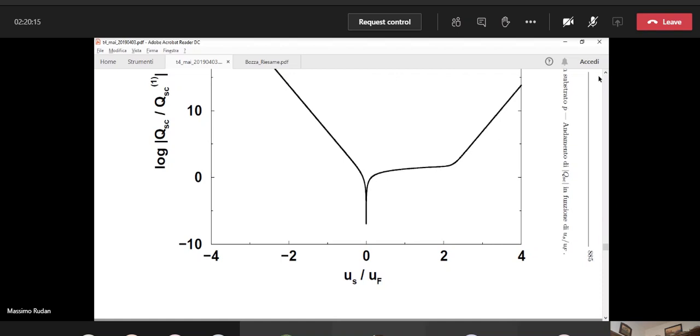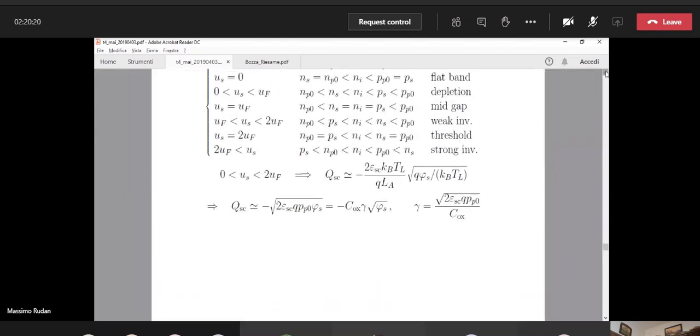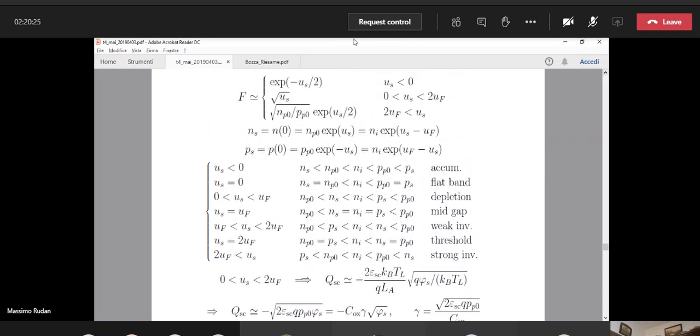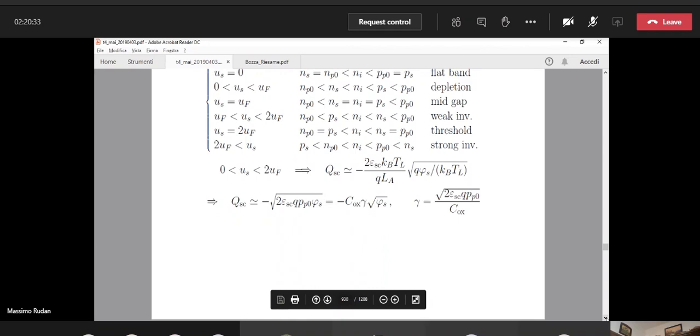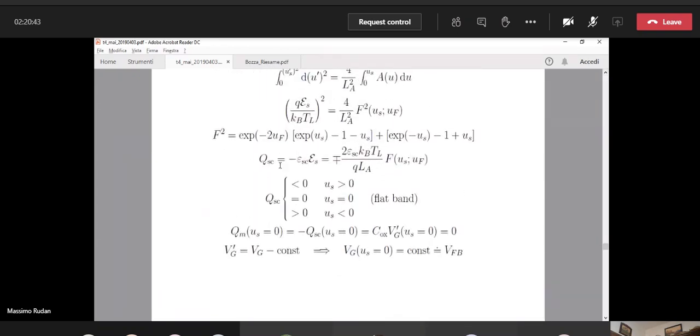Okay, so let's try to express this relation in full. That is by taking the approximation and then reverting to the non-normalized quantities. So what we do is we take, I go one page back for a second. We take the general expression, this one, QSC equal to minus or plus this coefficient times F.